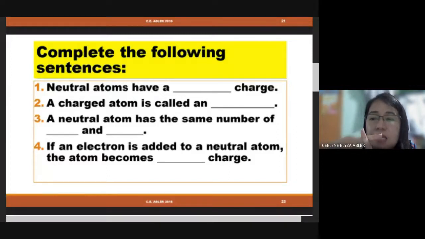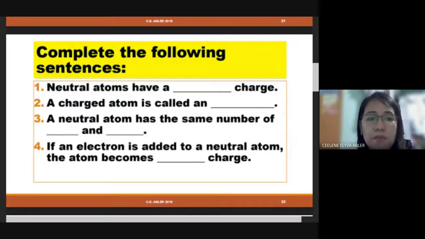So it has more protons. Then we have a negatively charged ion, which is your anion. Remember the n because it's negative. That's the mnemonic we used in chemistry, in nutrition before. So a charged atom is called an ion.